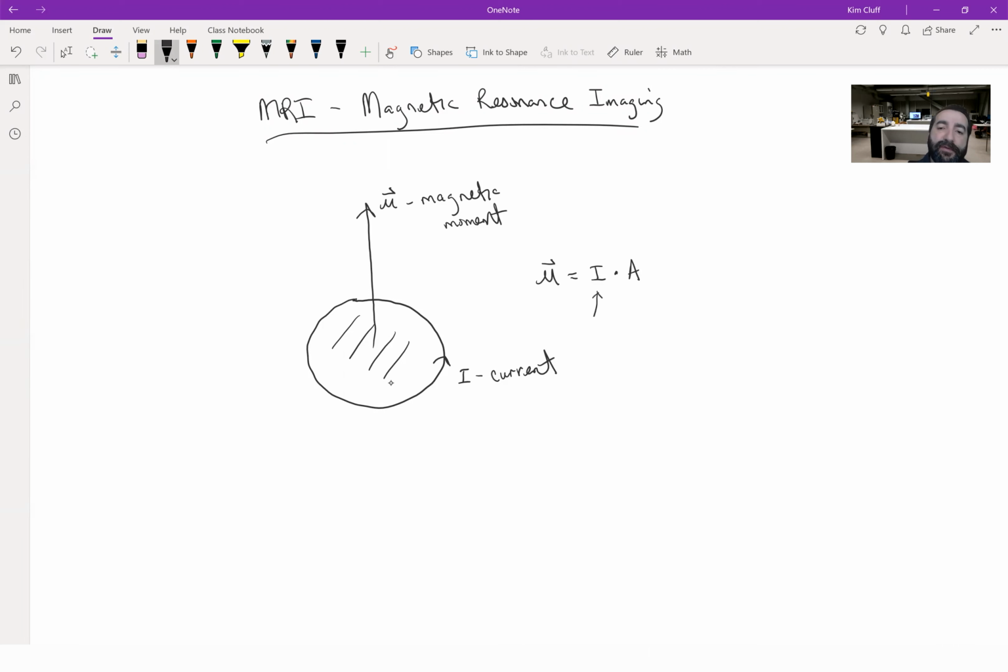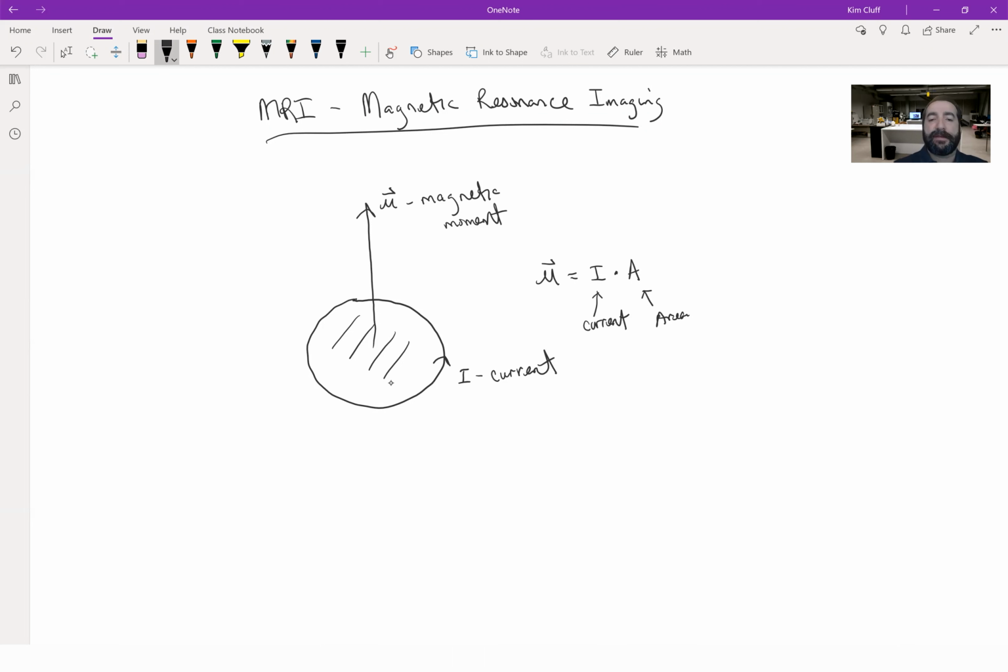So I stands for the current, and A is the area of the closed loop that it encompasses.